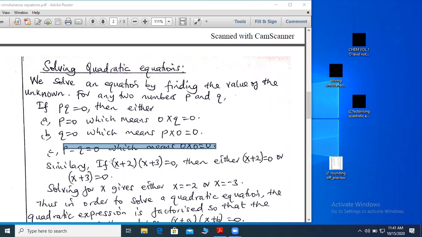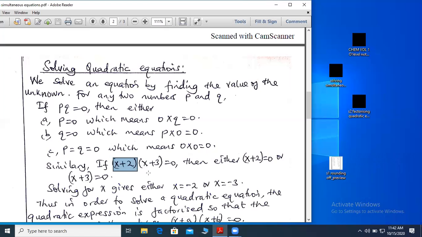Now, similarly, if we have a product of two factors after factorization, if x plus 2 into x plus 3 is equal to 0, it means that either x plus 2 is equal to 0 or x plus 3 is equal to 0.